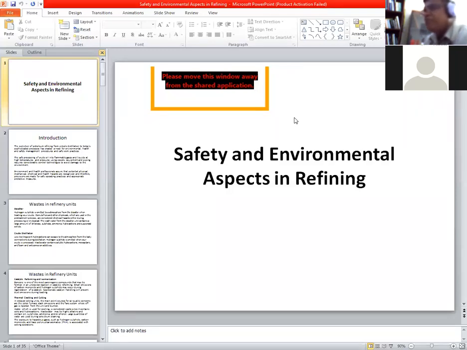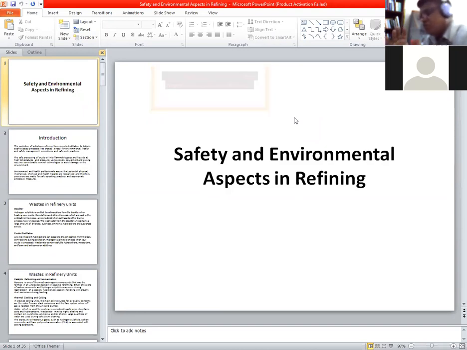From a petroleum refinery, carbon dioxide and sulfur dioxide can be emitted, then nitric oxide or nitrogen dioxide, normally we say NOx.